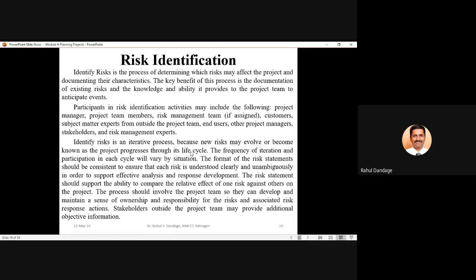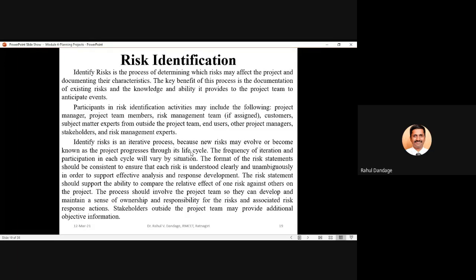So this is almost an exhaustive list of the key entities who must be involved in the risk identification process. Why must this list be exhaustive? Because when you are identifying risk, this process must be done very thoroughly.